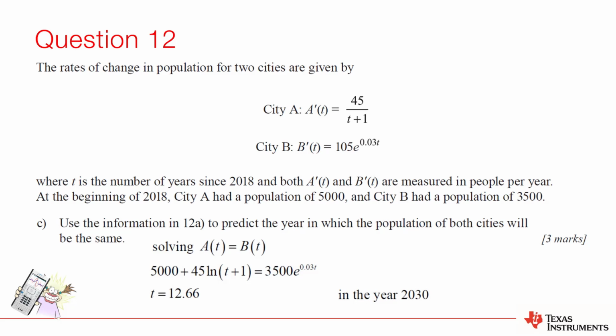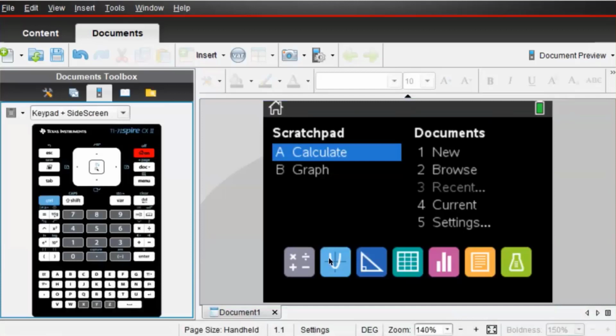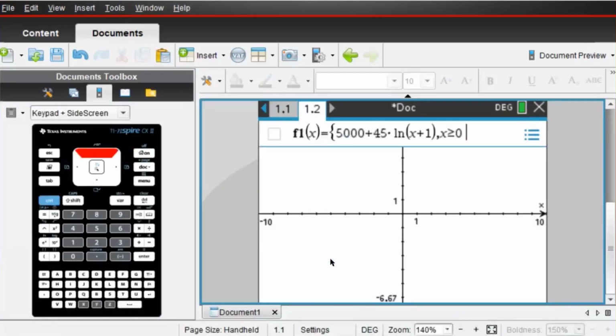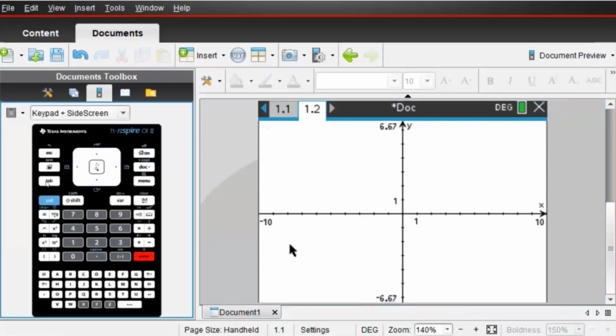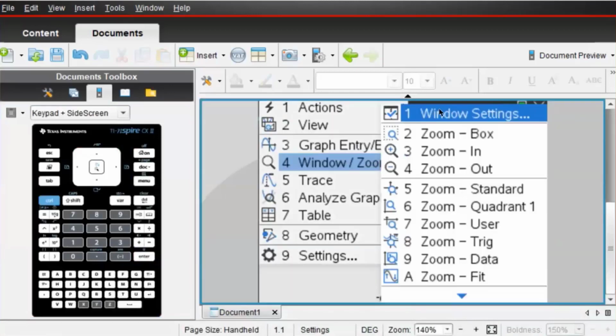Now, as I said, let's go back to the graphs page and have a look at how to solve this one graphically as well. So I've defined the two functions. Let me go to a graphs page now. If I just press up arrow, there's my first function. Obviously, my window settings are not correct here. So let's go menu, window zoom, window settings.